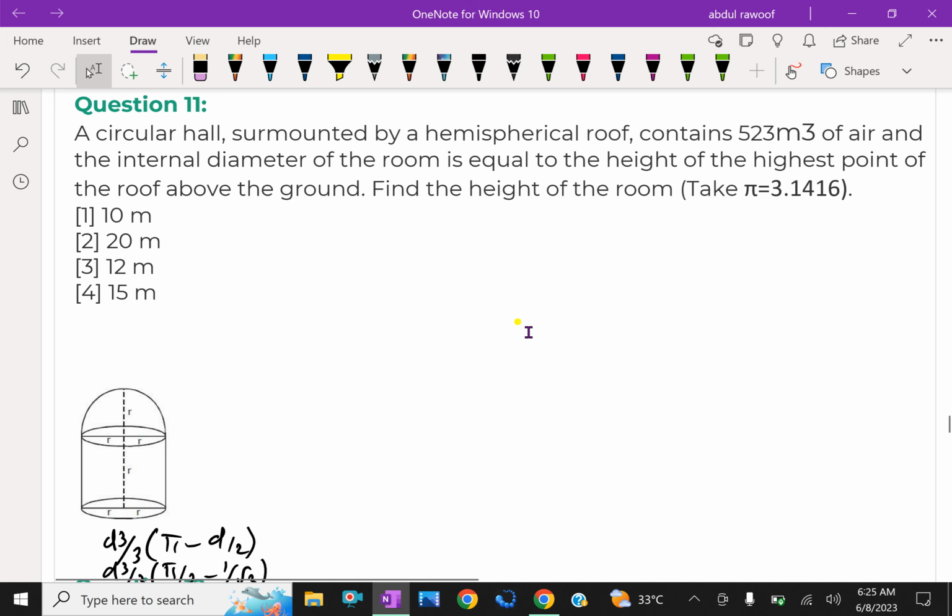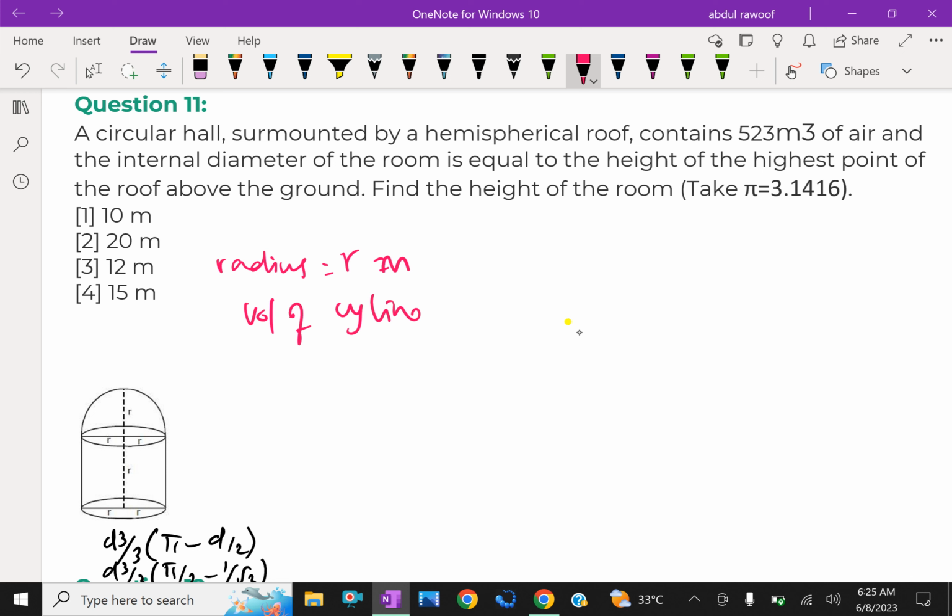The circular hall volume. Therefore, the radius of the circular hall, r meters, and the volume of the cylindrical portion.